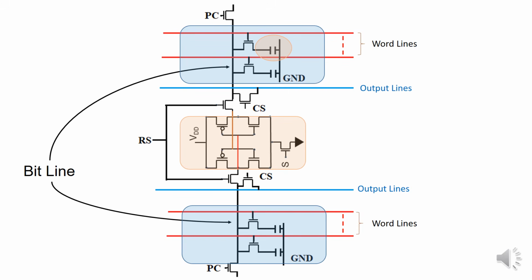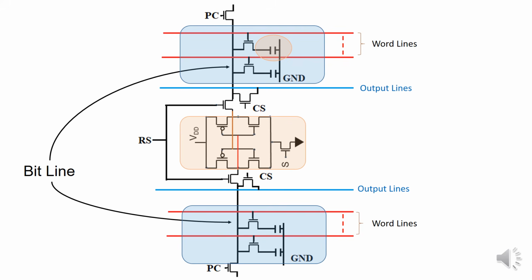So the new voltage of the upper bit line is going to be 2.61 volt, which is larger than 2.5 volt, which is the lower bit line voltage.